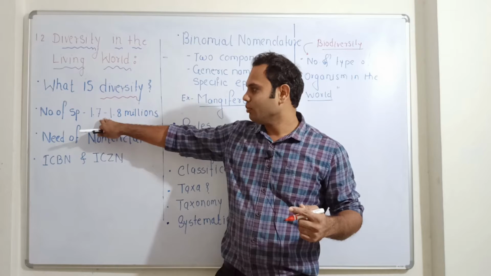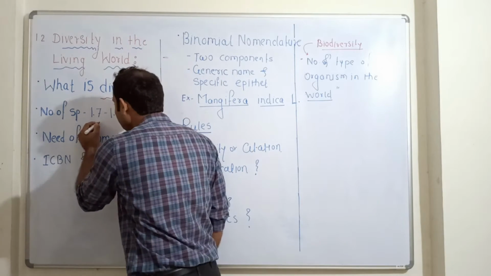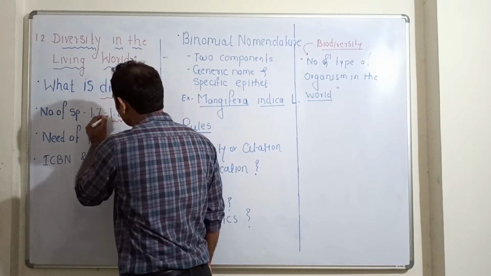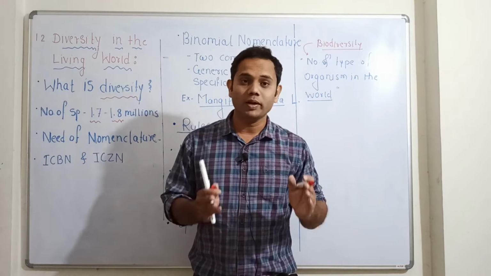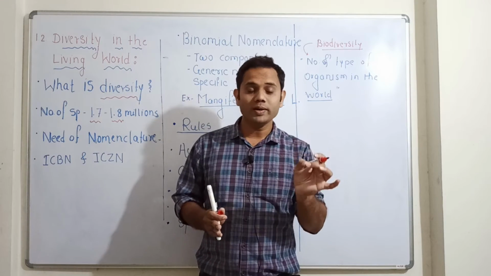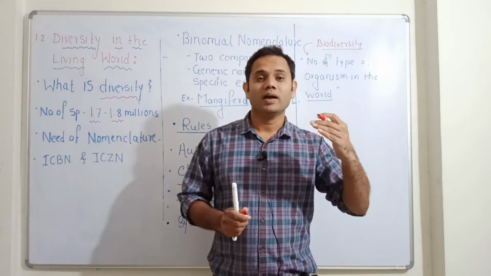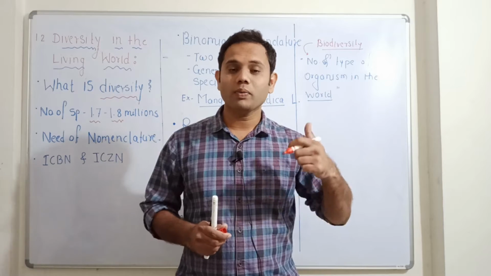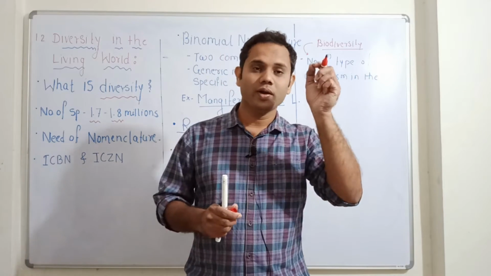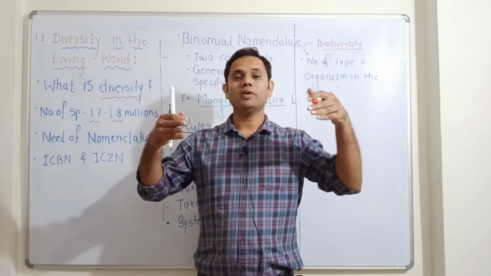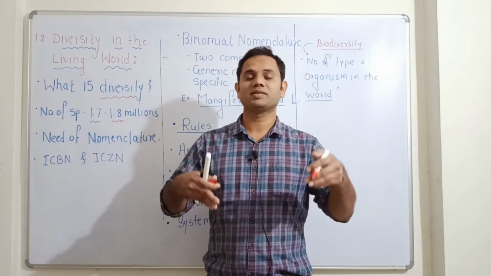The number of species is found to be 1.7 to 1.8 million.